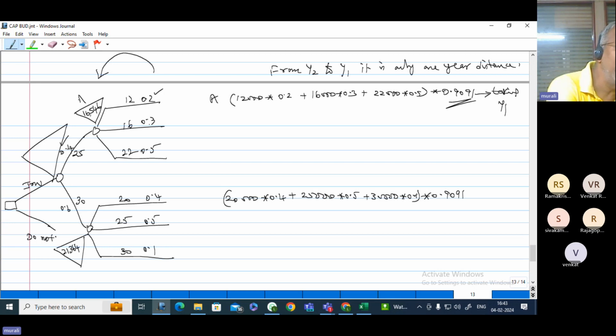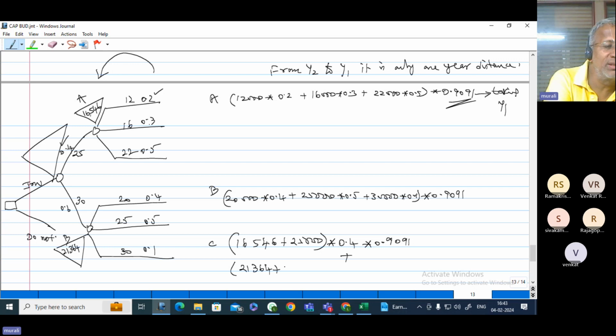If I consider this as A, this as B, for C it is going to be 16,546 plus 25,000 into 0.4 into 0.9091 plus 21,364 plus 30,000 into 0.6 into 0.9091. Or else you can do it this way.